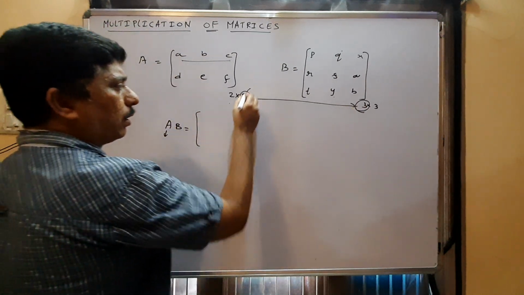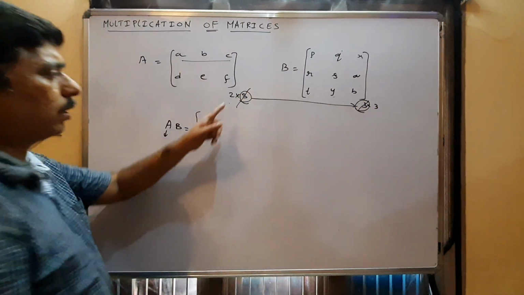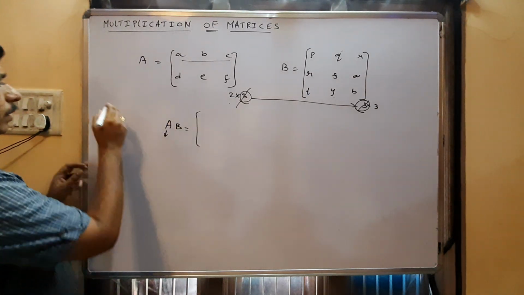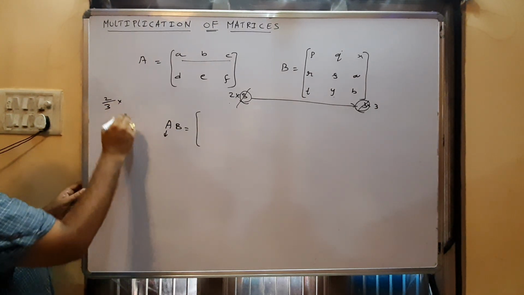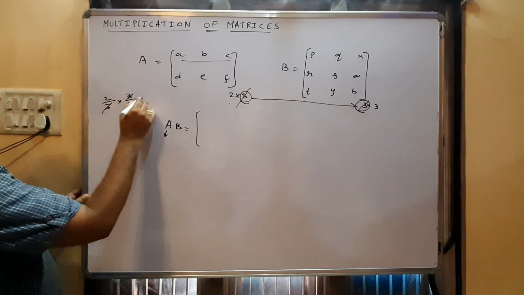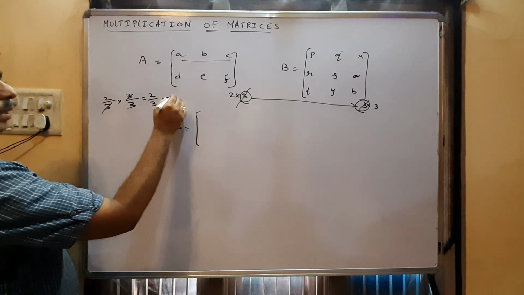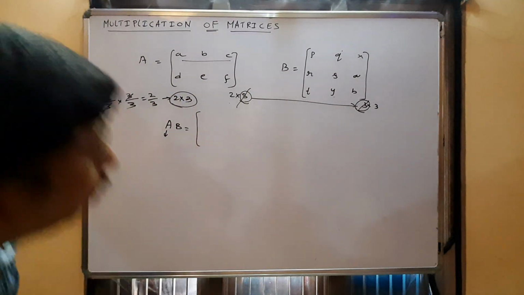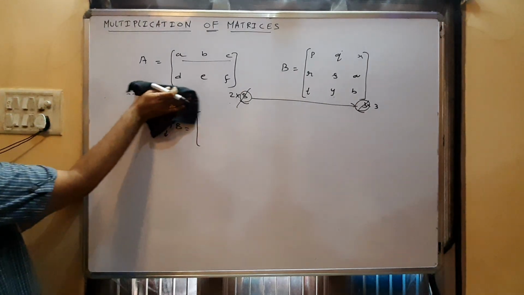Then the resultant matrix order is the remaining: first matrix order 2 by 3, times the B matrix order 3 by 3. Both 3s get cancelled, so the order of AB is 2 by 3.